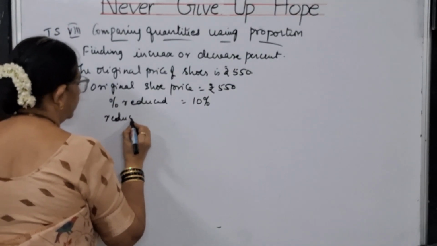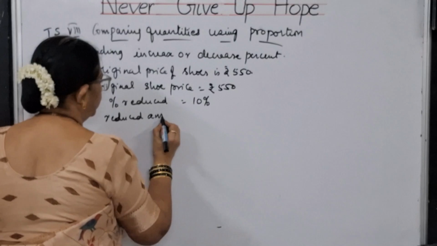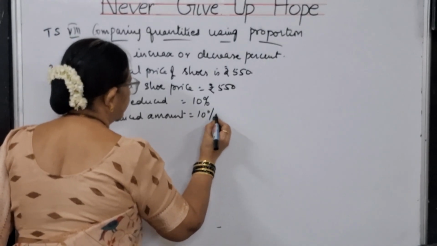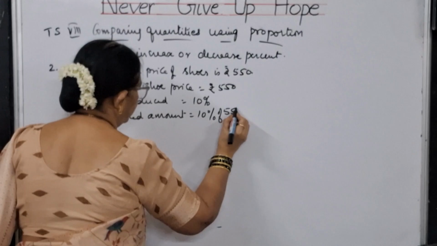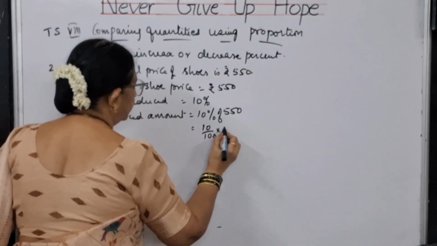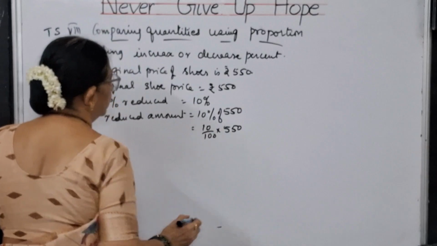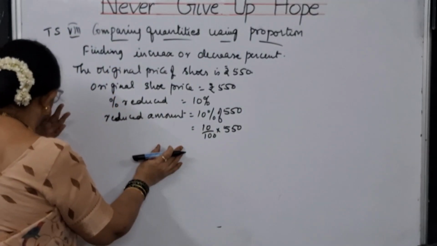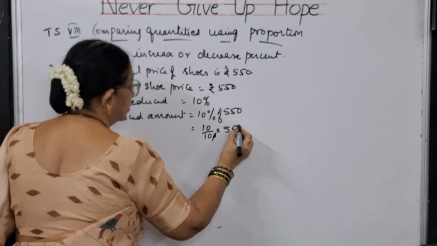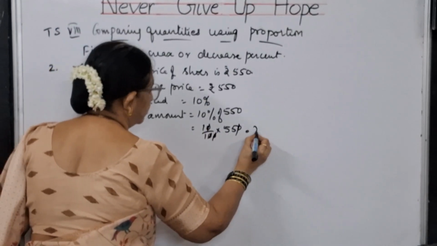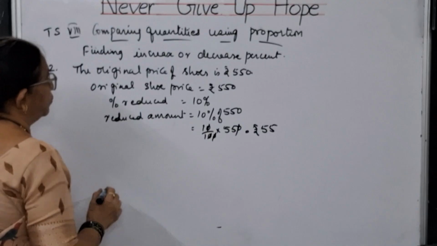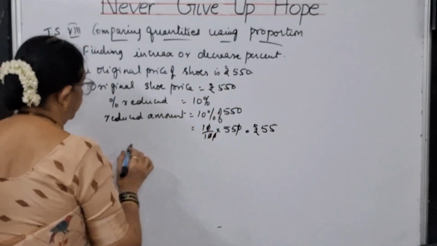Let us see. Reduced amount is 10% of 550. That is 10 by 100 into 550. Up to here it is the same for increase or decrease. These zeros will get cancelled. Rupees 55. So rupees 55 should be reduced.